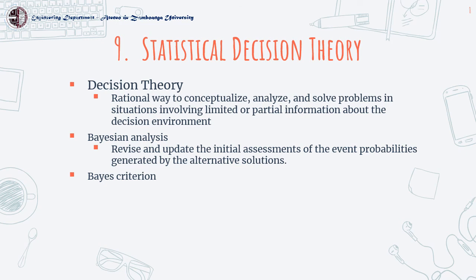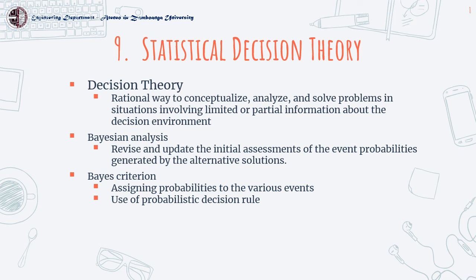When the decision maker is able to assign probabilities to the various events, the use of a probabilistic decision rule called the Bayes criterion becomes possible. The Bayes criterion selects the decision alternative having the maximum expected payoff or the minimum expected loss if he is working with a loss table.